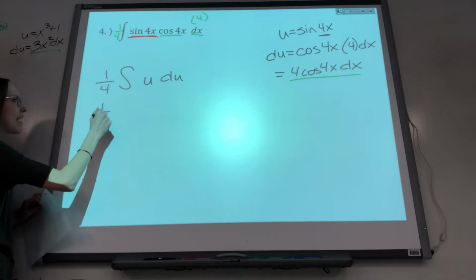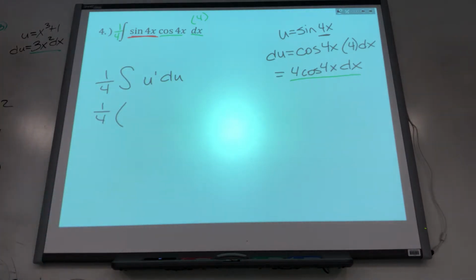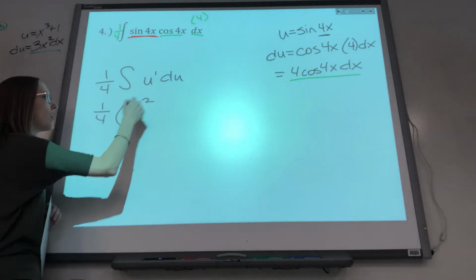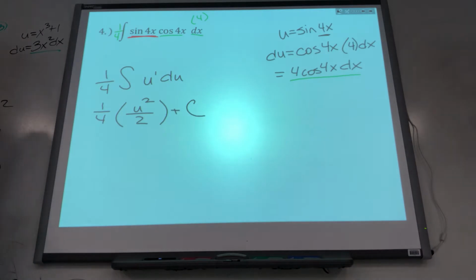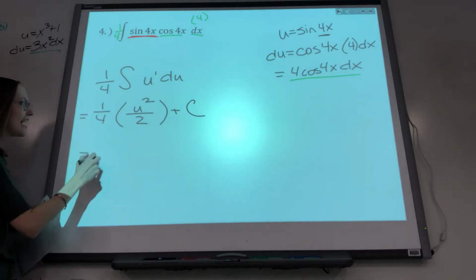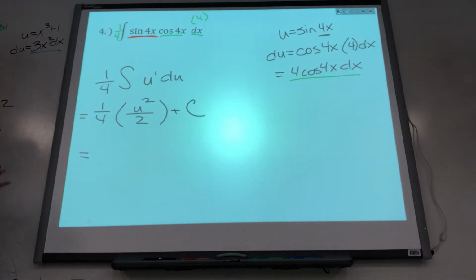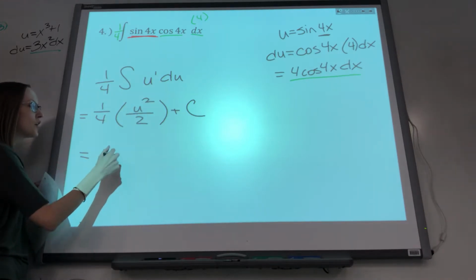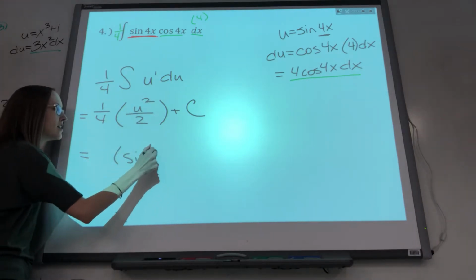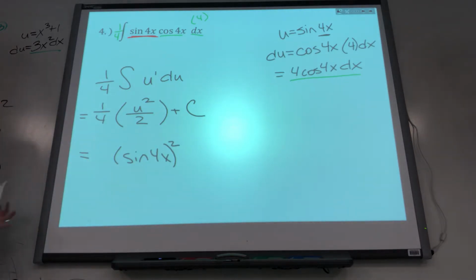So if I think about how to integrate this, this is technically u to the first power. So add 1 to your power, put your new power on bottom. And when I go to simplify that, u is the sine of 4x. And so to make that squared, you could put the entire sine of 4x squared if you wanted.